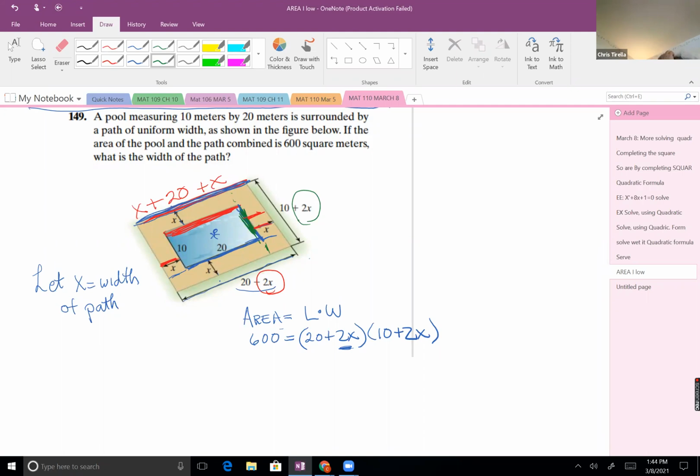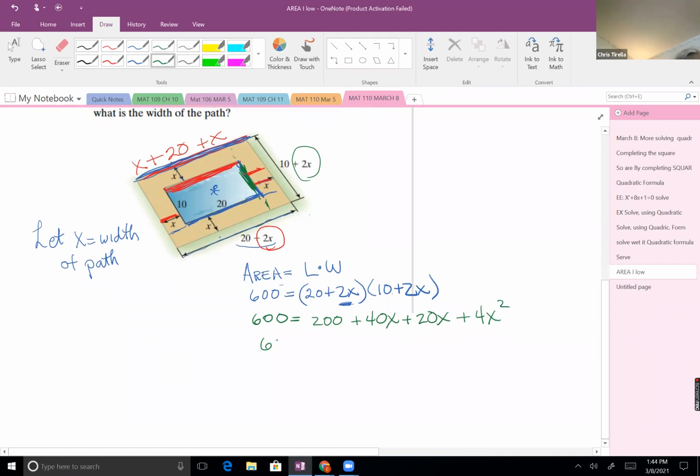Now to solve it, we probably ought to put it in standard form. So I'm going to multiply out what's on the right. First would be 200. Outer would be plus 40X. Inner would be plus 20X. Last would be plus 4X squared.